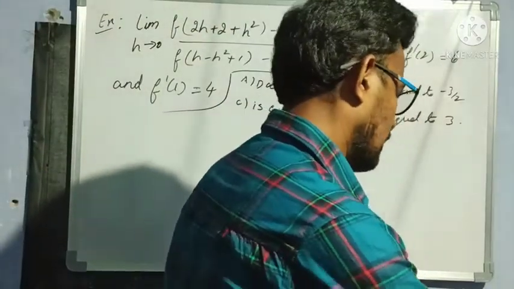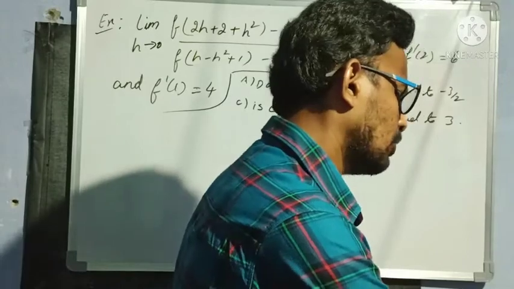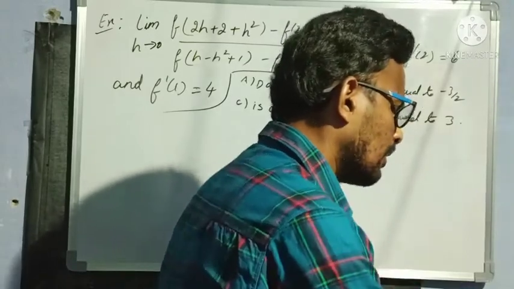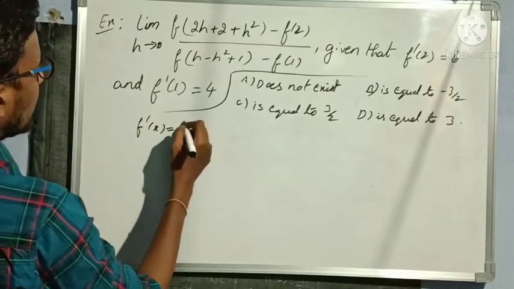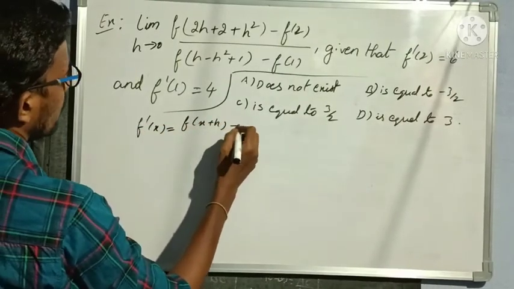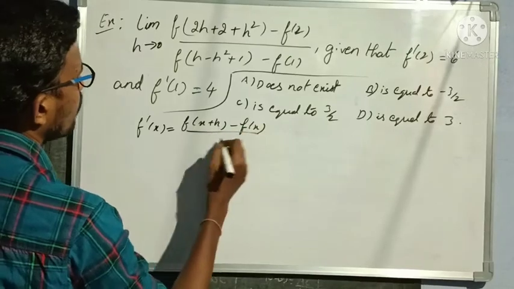Whenever we are starting, we should write the basic definition, that is f dash x. So f dash x formula is limit h tends to 0 of f of x plus h minus f of x by h.